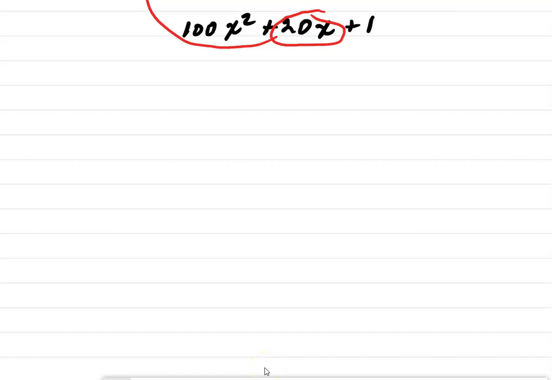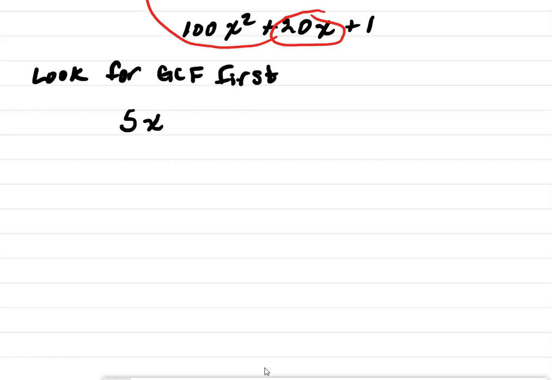So let's look at one where you have to look for a GCF first, and then factor. So let's look at 5x squared plus 20x plus 20. So if you'll notice, 5 goes into 5, 5 goes into 20, and 5 goes into 20.